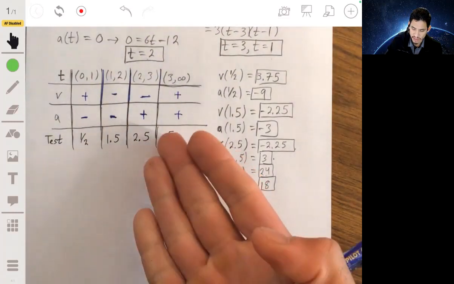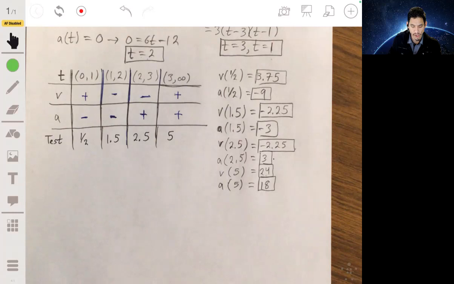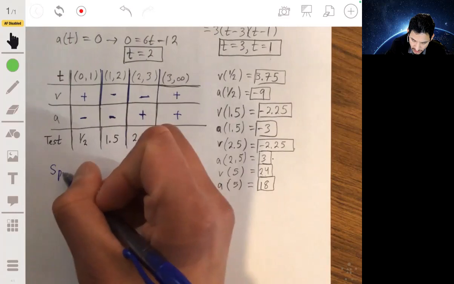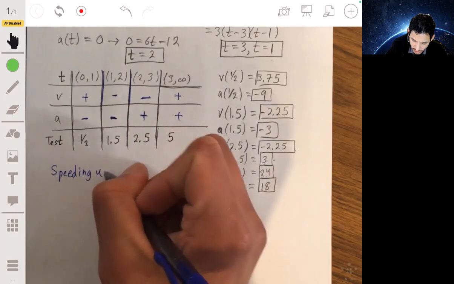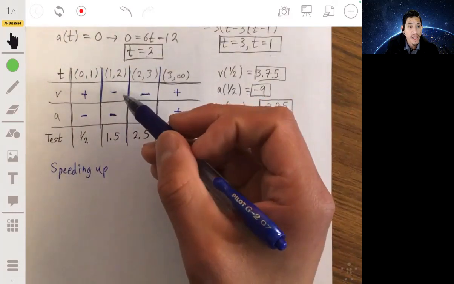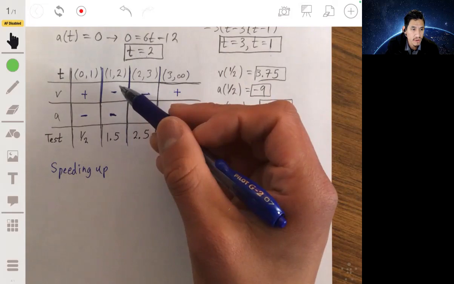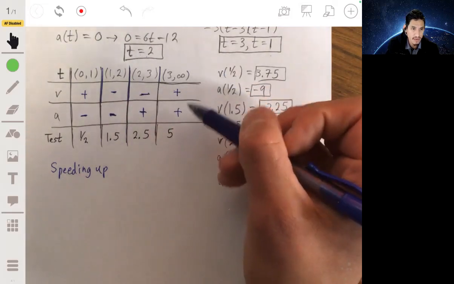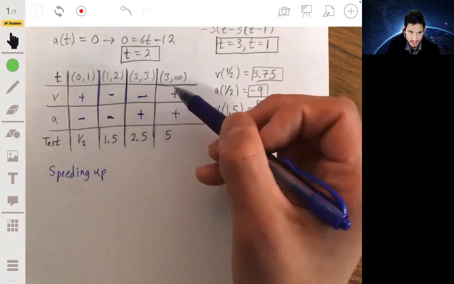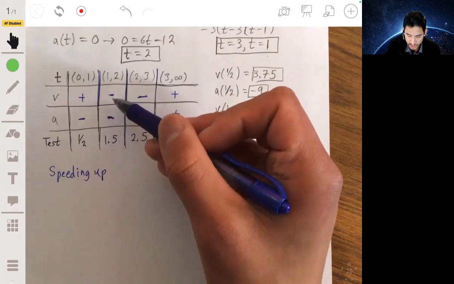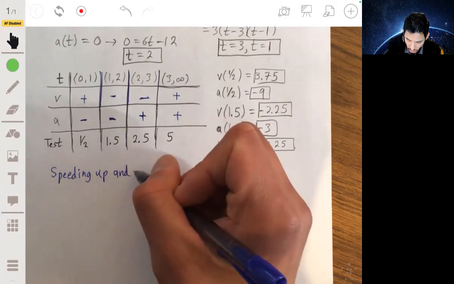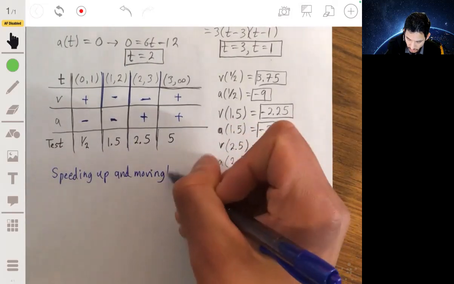Okay, so now let's analyze this chart. What's going on here? Well, let's first say where it's speeding up. It's speeding up on the interval 1, 2, and the interval 3, infinity. But remember, the direction is different. On the interval 1, 2, it's speeding up in a negative direction, moving left.